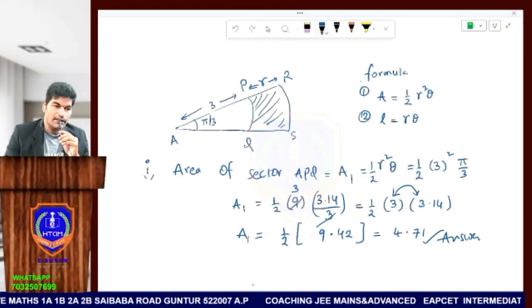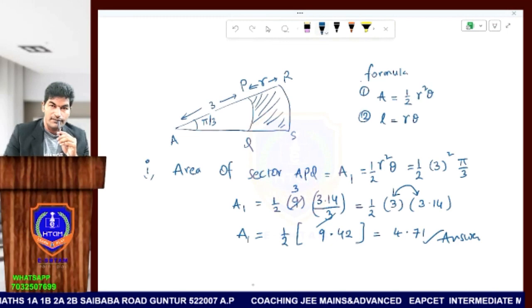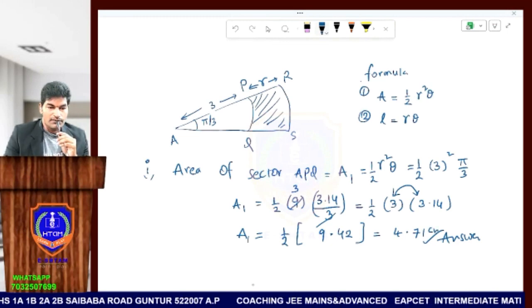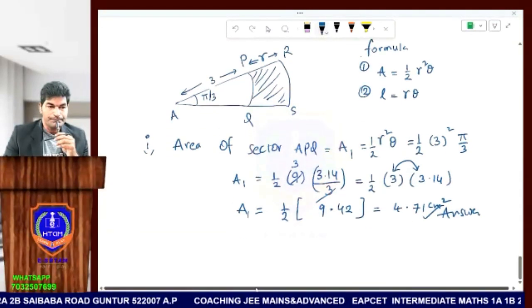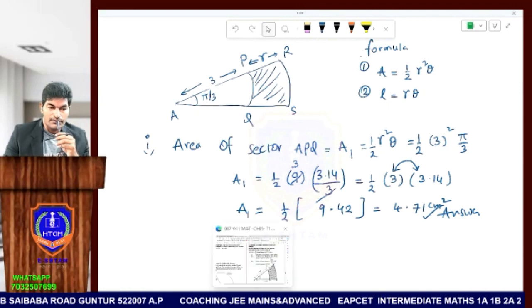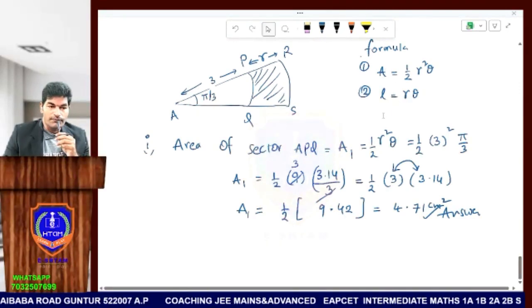Since it was area and the radius was given in centimeters, the units of this area will be centimeter square. This is the first question's answer. Okay. Understood?